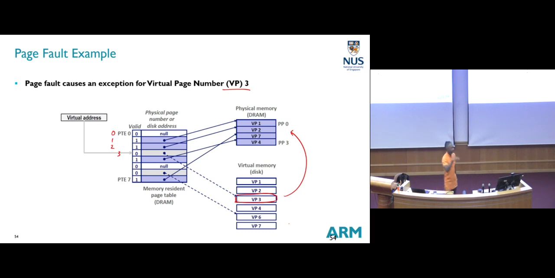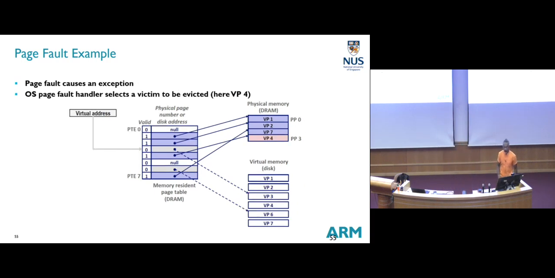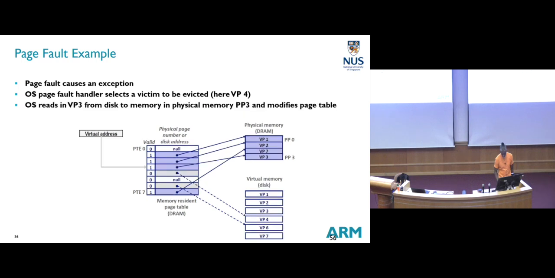When I bring it to my physical DRAM, what other things do I need to factor in? Where does it map to? If the place that I map to is currently occupied, I need to evict that page and put in a new page. In this case, for example, it maps to physical page 3, so I evict that page and put in the new page.